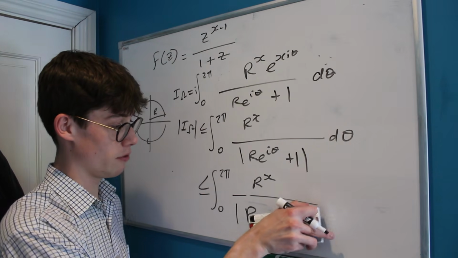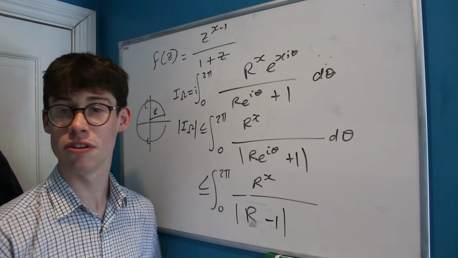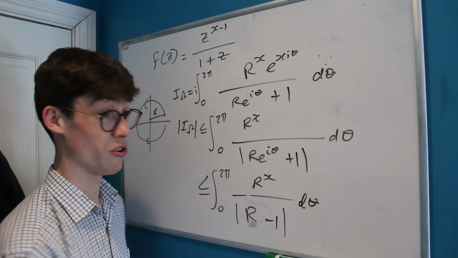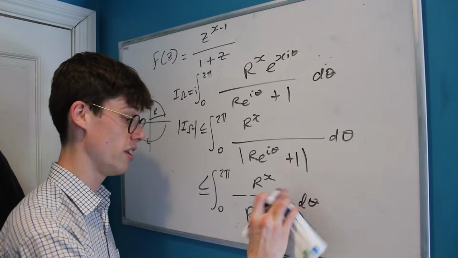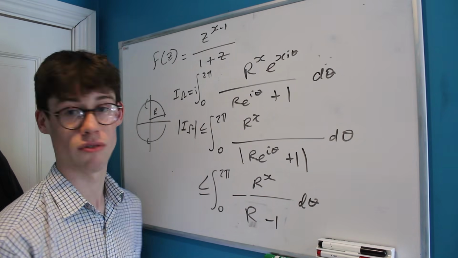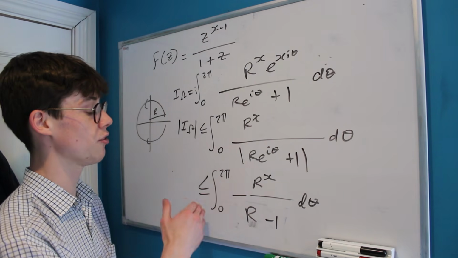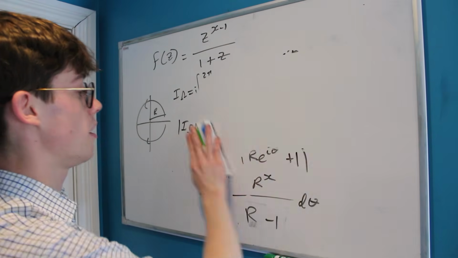And the absolute value of -1 is just 1. So we're looking at the absolute value of r minus 1, but of course we're looking at r to approach infinity really, so we're not going to have to worry about the absolute value of r minus 1 being anything that's less than positive, and so we can remove our absolute value brackets completely. Now we're looking at the integral from 0 to 2 pi of r to the x divided by r minus 1.